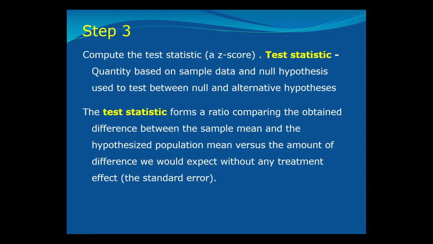The test statistic forms a ratio comparing the obtained difference between the sample mean and the hypothesized population mean versus the amount of difference we would expect without any treatment effect, the standard error.